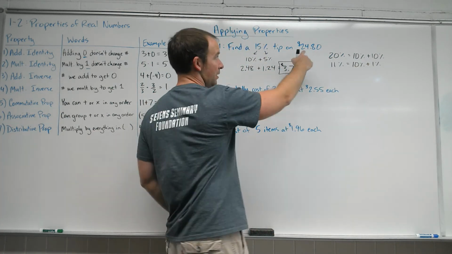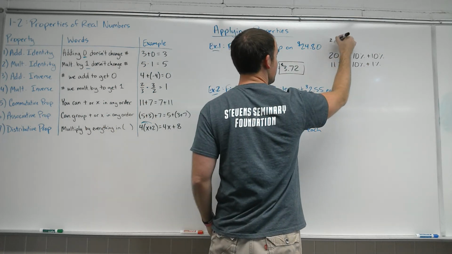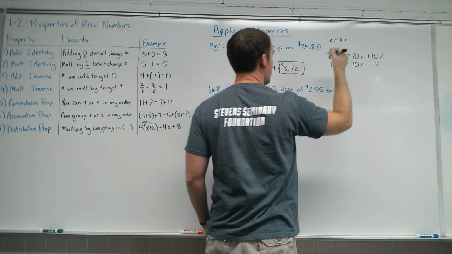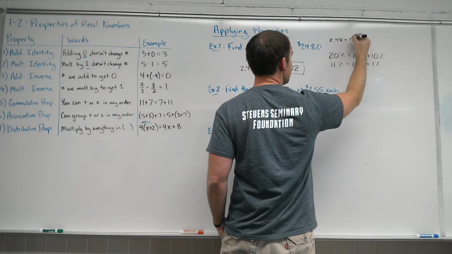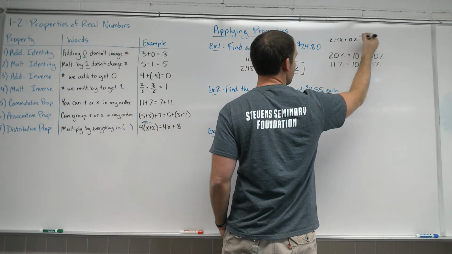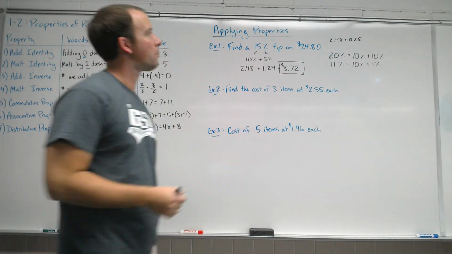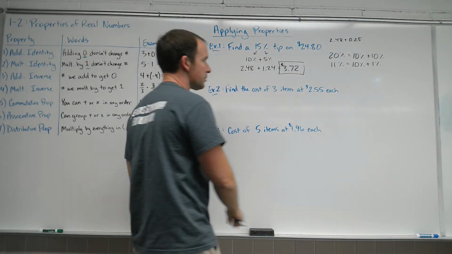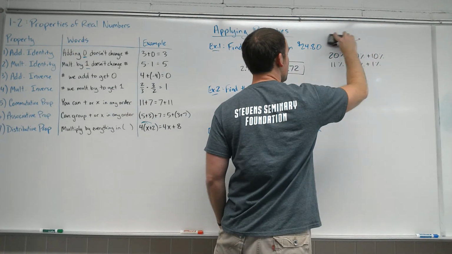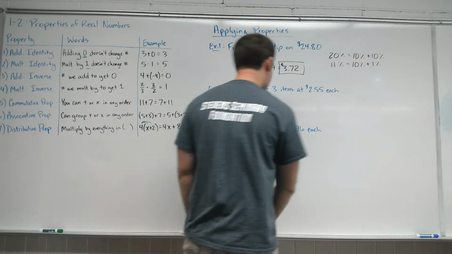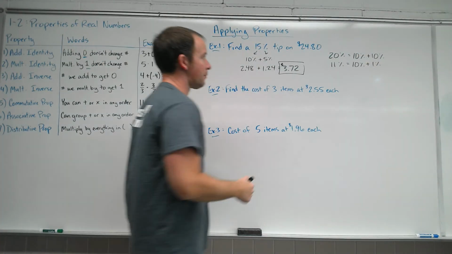So 11% of this would be $2.48 plus $0.248, which is about 25 cents. Add those together and you get your 11% rebate.